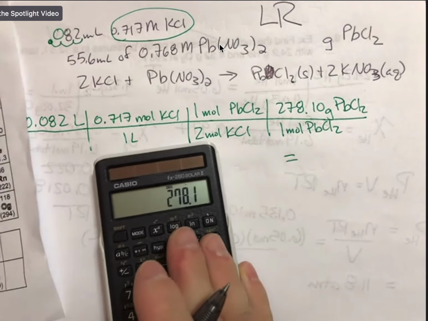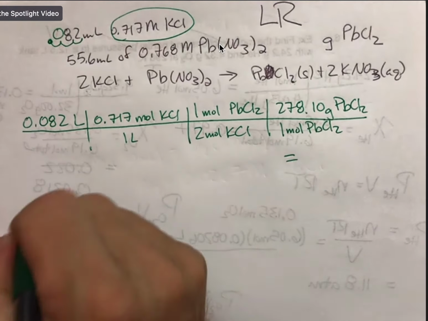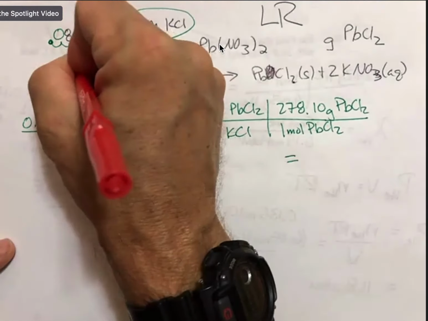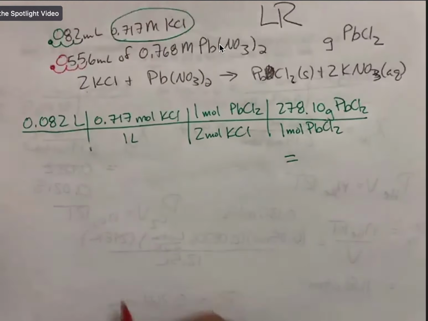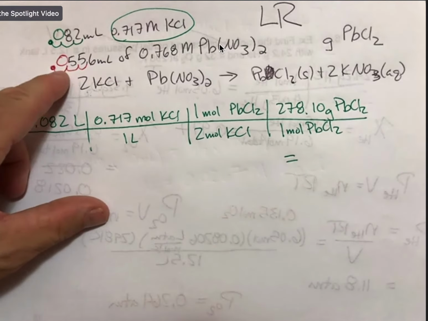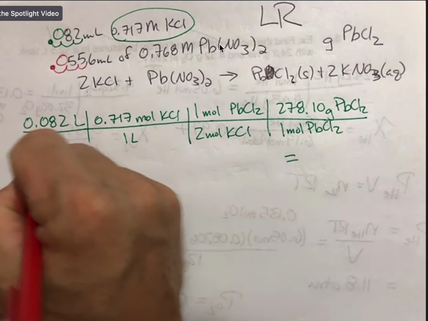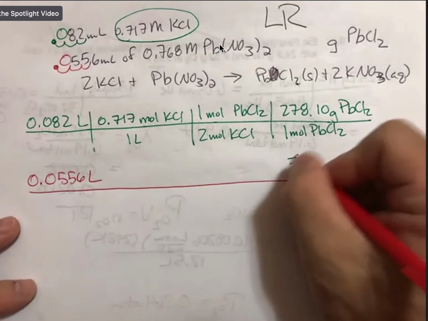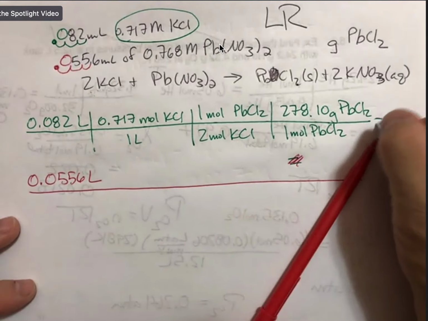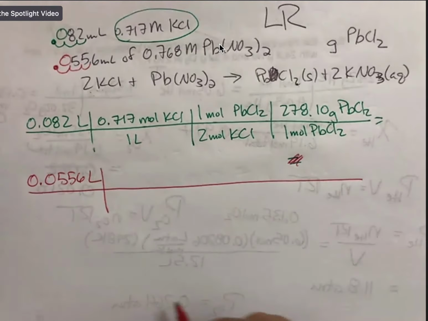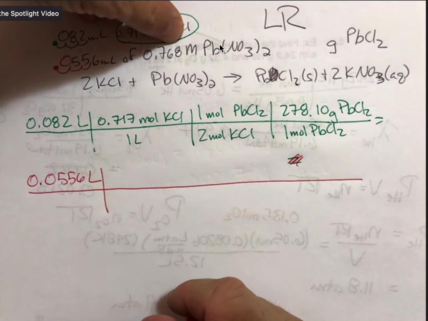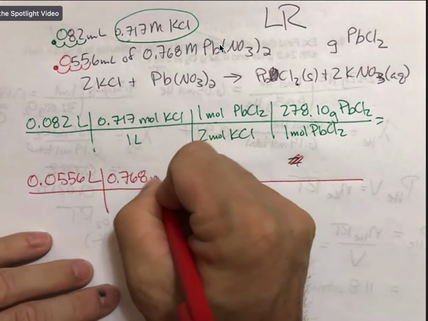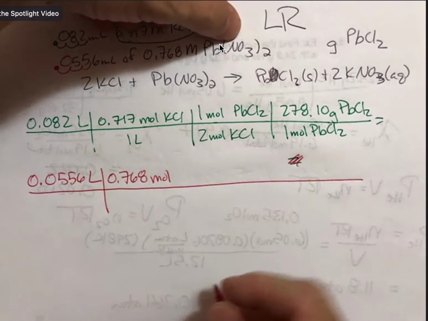We did it once, we'll do it again. Now starting with my 55.6 milliliters, and I'll do this in another color. To convert milliliters to liters, move the decimal point 3 places to the left. We'll do that up here. My molarity is broken down similarly. 0.768 moles of lead 2 nitrate.